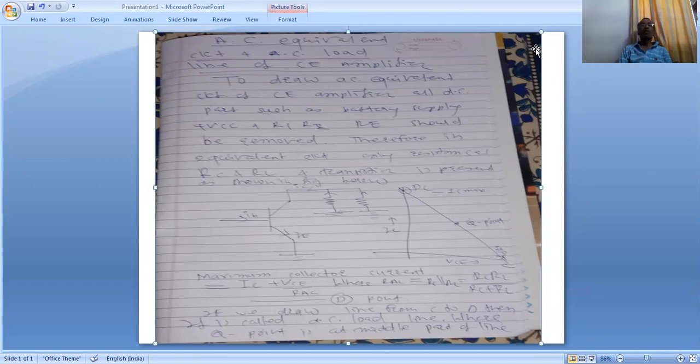During the discussion of the DC equivalent circuit, what we have done is that all AC components are removed.